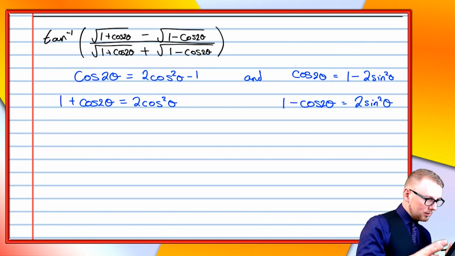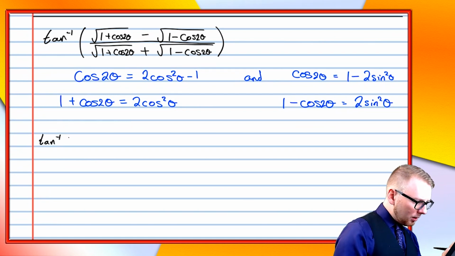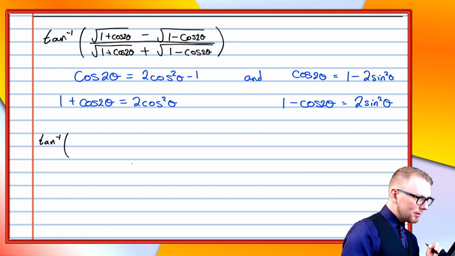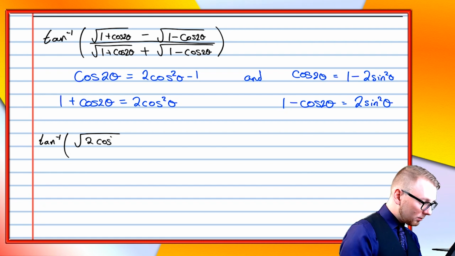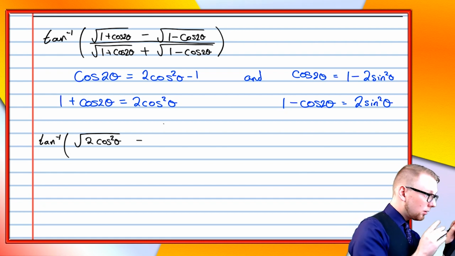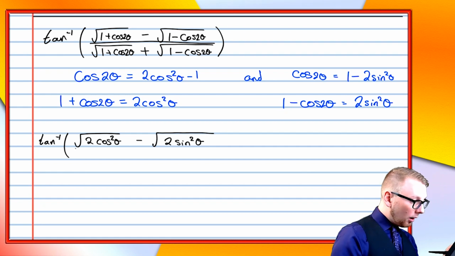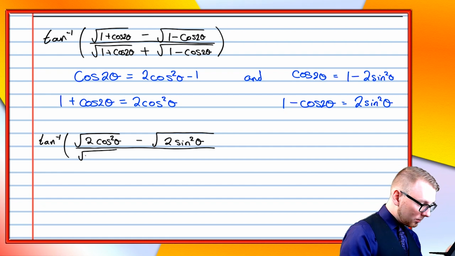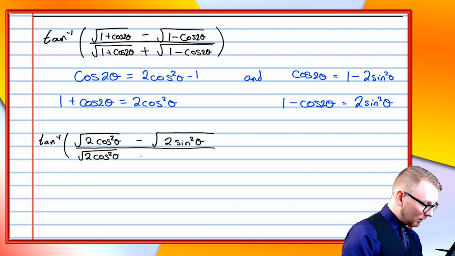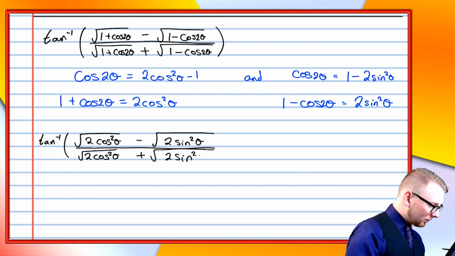Okay, so we know what these are. So tan inverse of the square root of 1 minus cosine 2 theta, which is the square root of 2 sine squared theta, all over 1 plus cosine 2 theta turns into 2 cosine squared theta, then a plus, then a square root, then 2 sine squared theta.